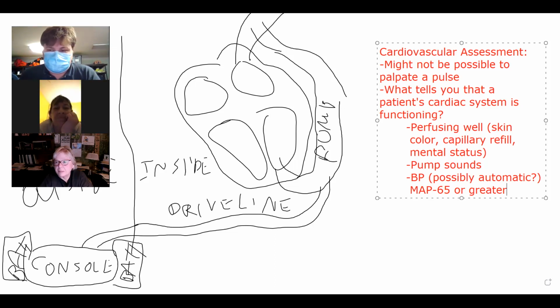Right, but like Brenda and I in the field are not going to have that capability. Absolutely, and that's when you turn to your other signs of perfusion and base your assessment off of how the patient looks. So you've got a couple of different ways of thinking about what is going on there.